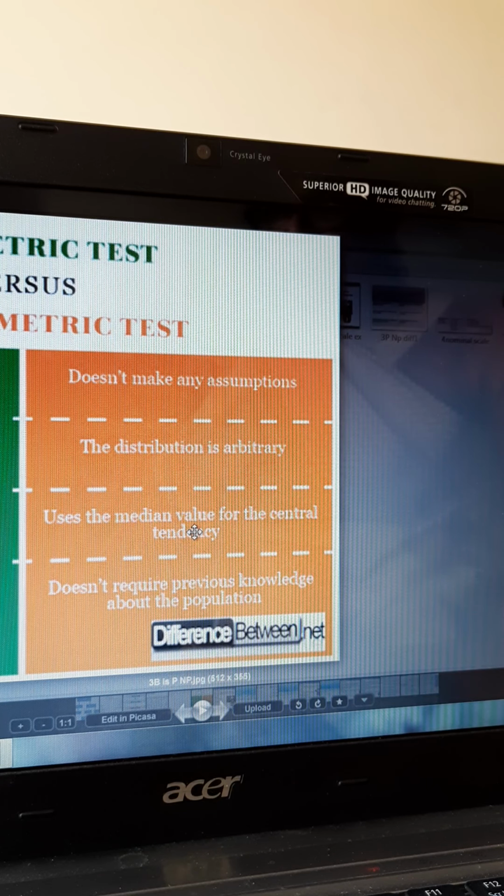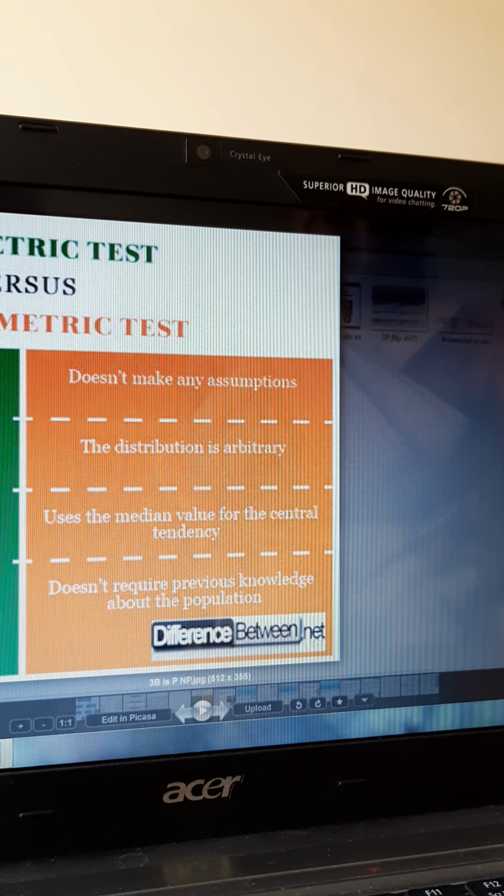Non-parametric uses median value for the central tendency. Okay. Mean, median, mode. Here it uses mean. Here it uses median. Mean is the average. Median is the middle point.